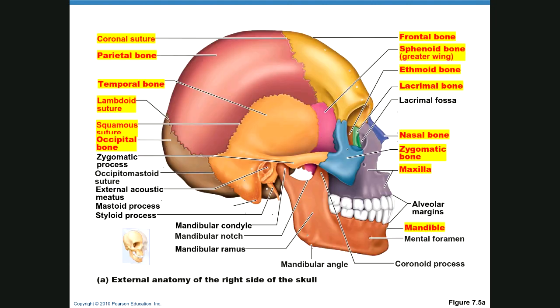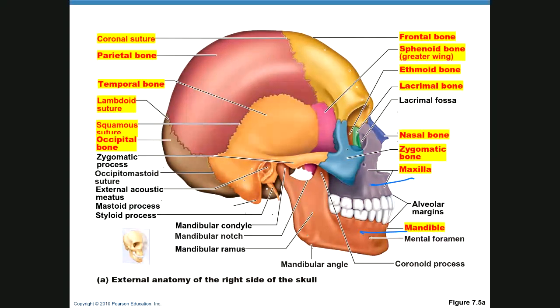So something else that you will be asked to do in the test is to match the common name of the bone with its anatomical name. So for example, zygomatic bone is the cheekbone. Again, the mandible is the lower jaw. Maxilla is the upper jaw.